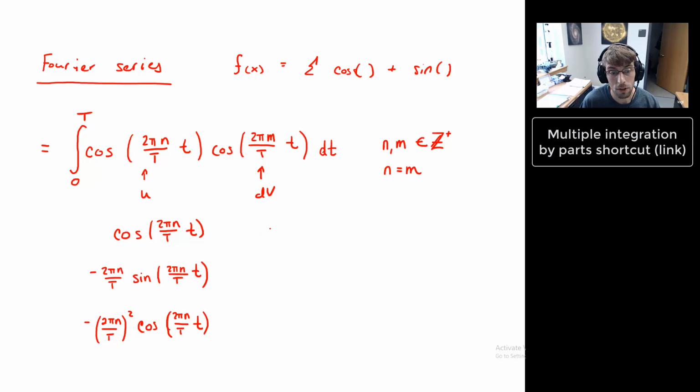Similarly, we'll start off with our dv. And now we need to integrate. That means the T goes on the top and the 2 pi m is now on the bottom. And we'll do it one more time.